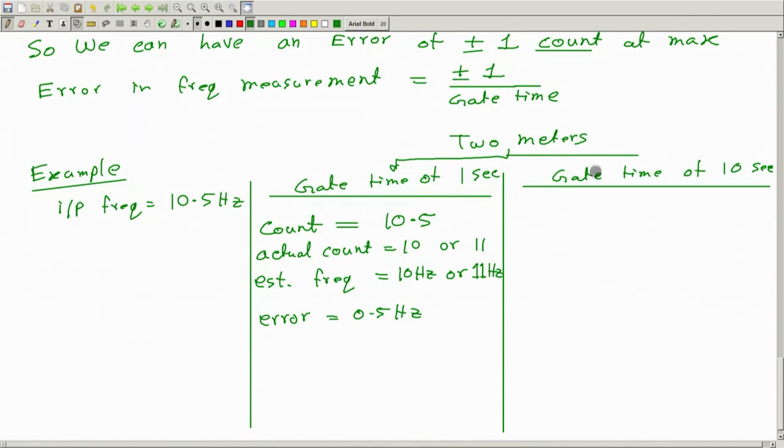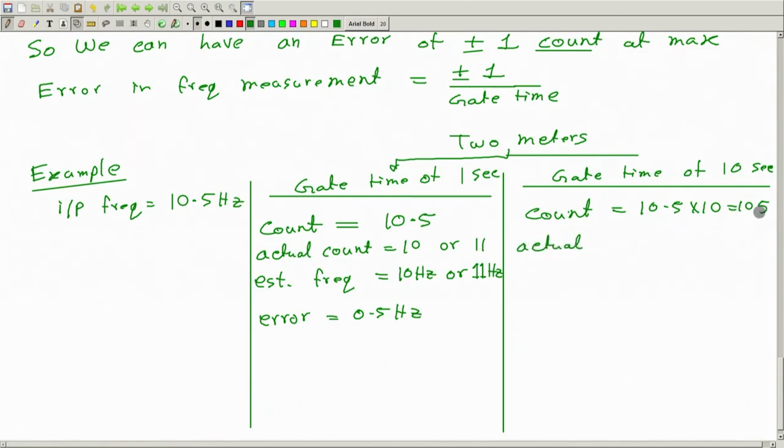And let us say in this case the expected count in 10 seconds should be how much? 10.5 multiplied by 10, which is 105. And the actual count is an integer.